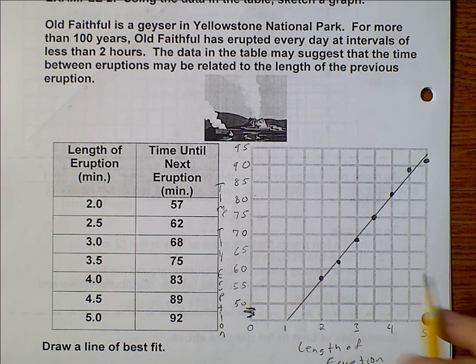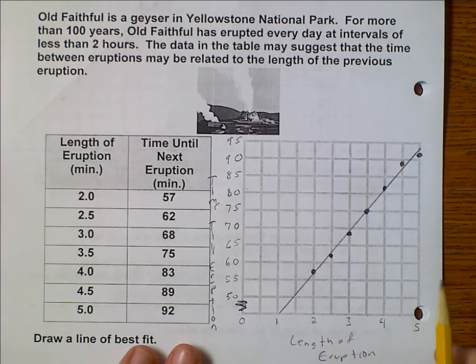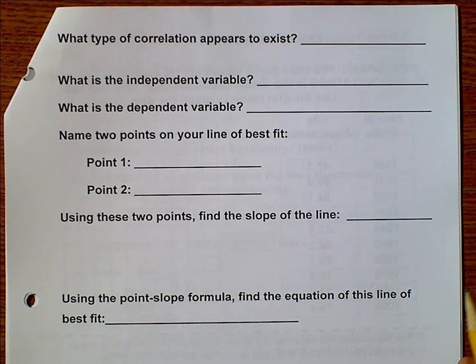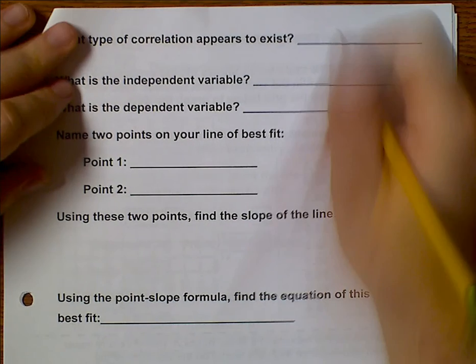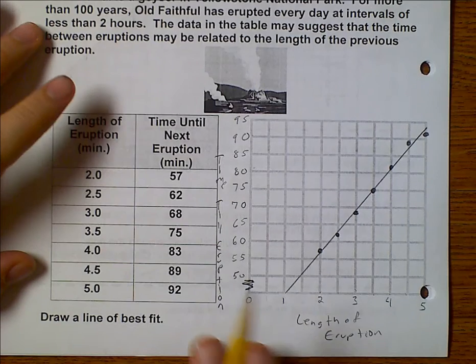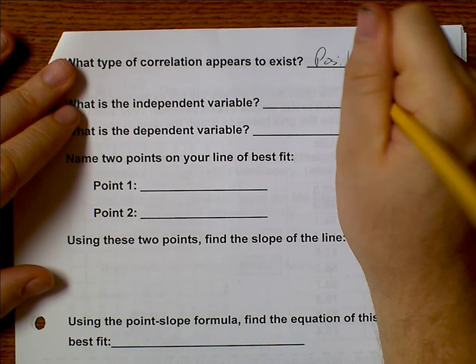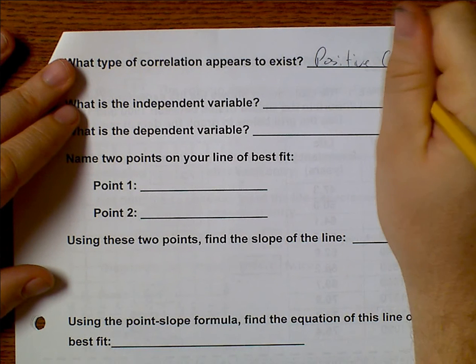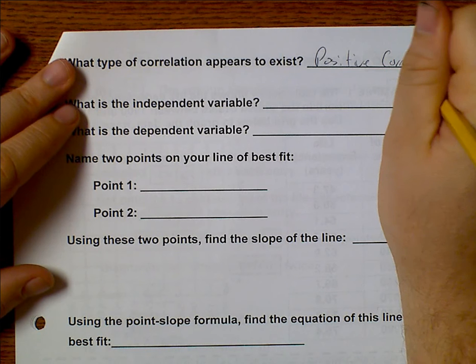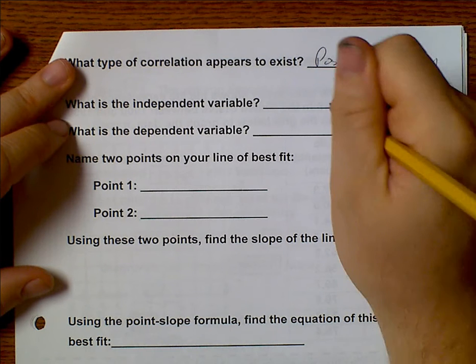Okay. Now, let's go ahead and see what we can do. What type of correlation do we have? Well, it's going up. It's definitely going up, so this would be positive correlation. Our independent variable, that's the one that comes first.